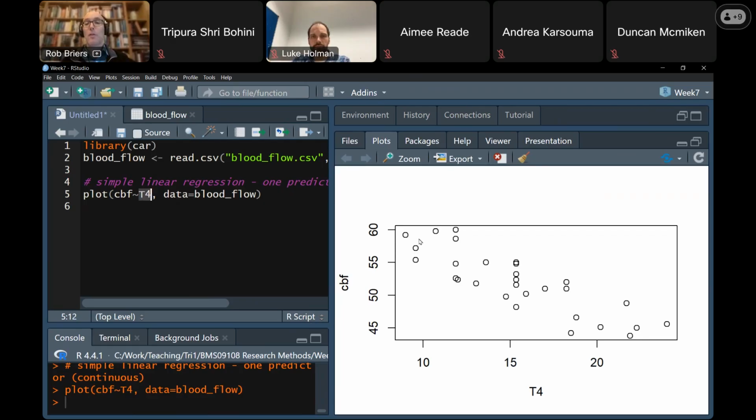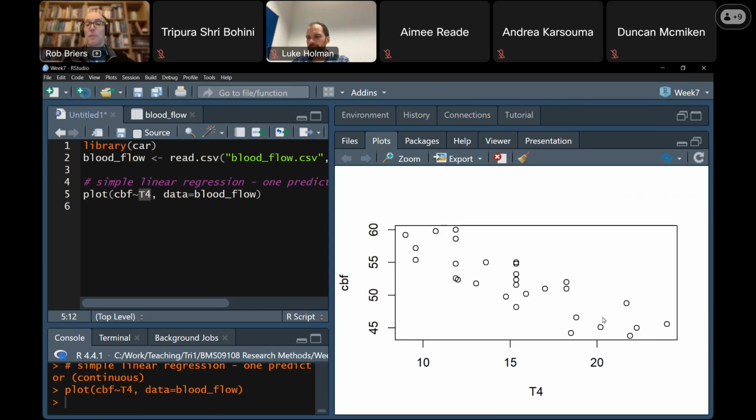It looks like a negative relationship. It's not a really strong relationship because there's some scatter of points, not all in exactly a straight line. But broadly, as you increase the T4 levels, the cerebral blood flow goes down.